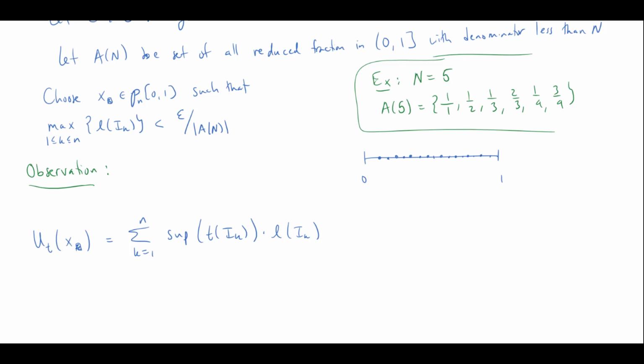So I'm interested in the supremum, which means I'm not so interested in the irrational numbers anymore, because I know the value of t on those is all 0. I'm actually interested in the rational numbers because t of those will be positive. And since I want the supremum, I'm looking for the largest one I can get. Now, I'm trying ultimately to get my upper sums tiny. I want those less than epsilon.